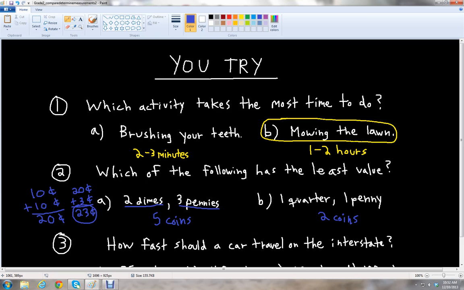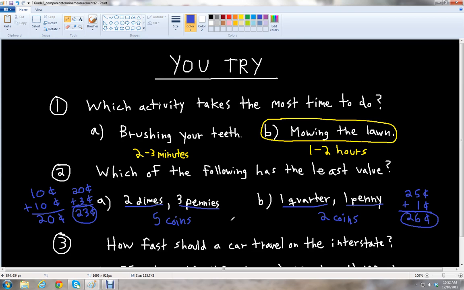And then with 1 quarter and 1 penny, we know that 1 quarter is 25 cents, and we know 1 penny is 1 cent. So 25 plus 1 is 26 cents total for 1 quarter and 1 penny.